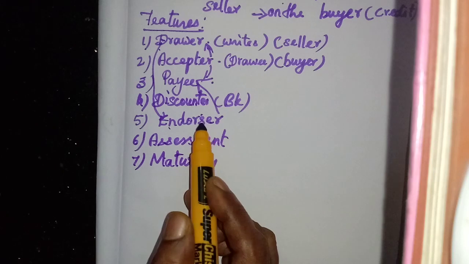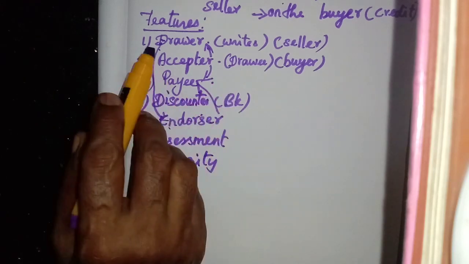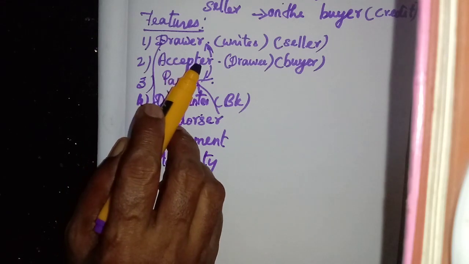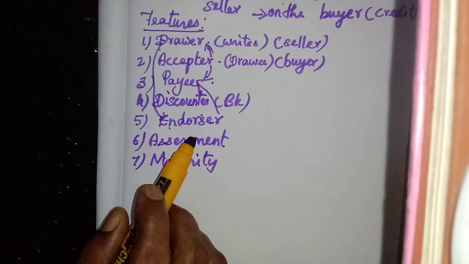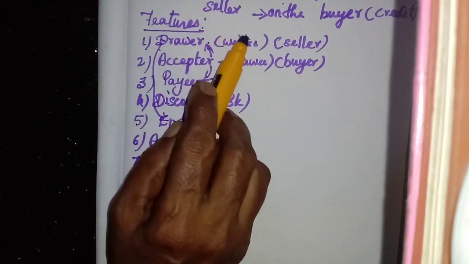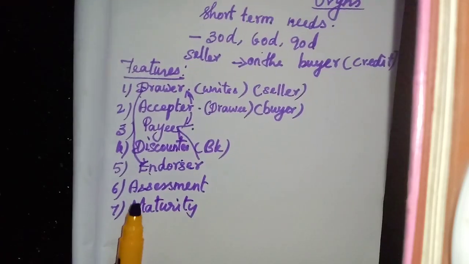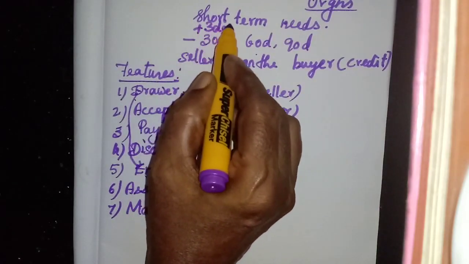Maturity of the period. Here they may give grace days sometimes, because the bills have grace days. That means for a 30-day bill, they will count 30 days from the date of writing the bill, and they may add 3 days as grace days.